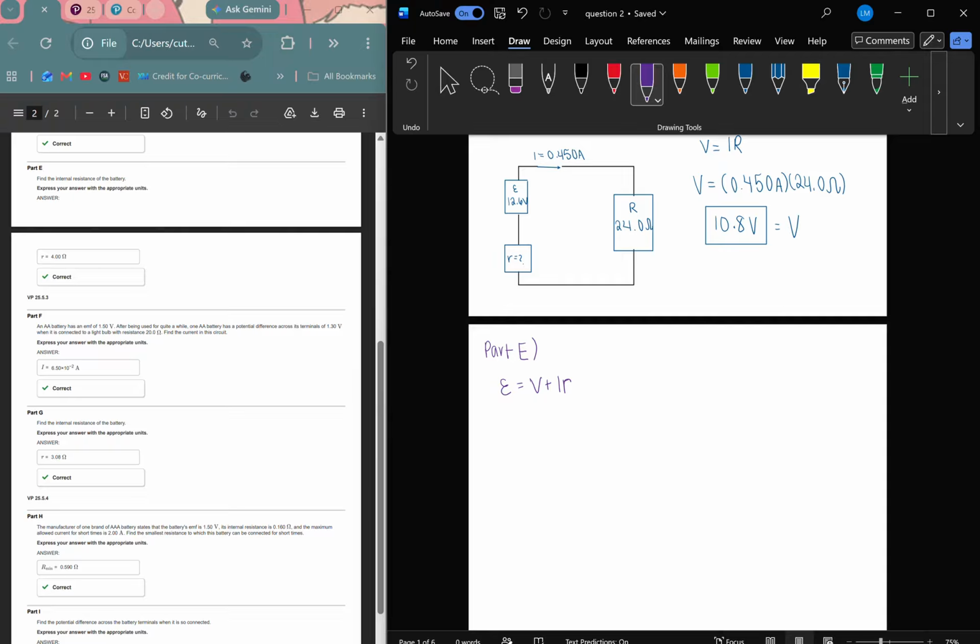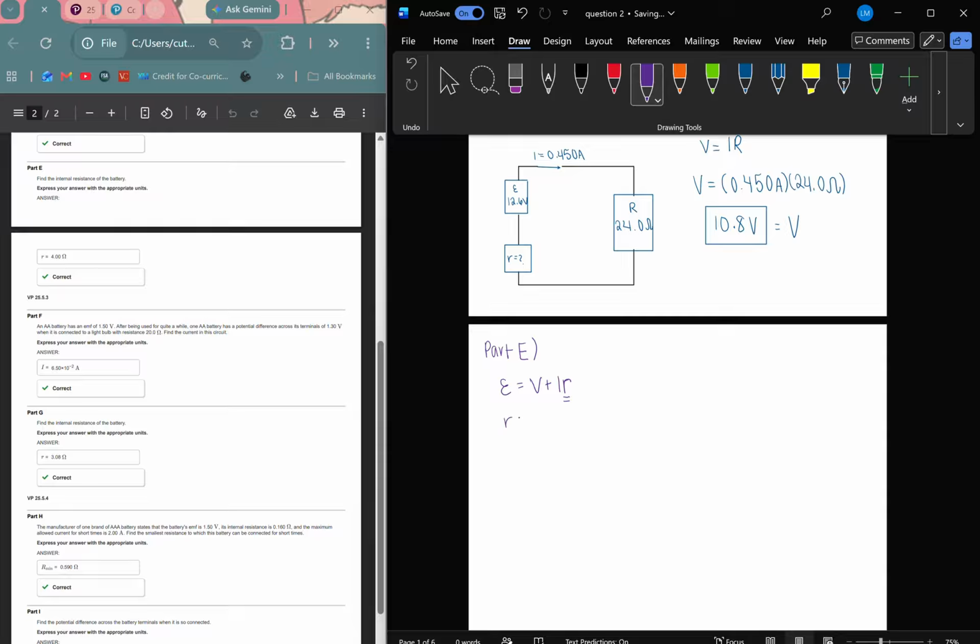So this is the equation that I remember I saw in the textbook. The electromotive force of the battery equals the terminal voltage plus the voltage drop across the battery's internal resistance. So we have to find this small r, which is the internal resistance of the battery.